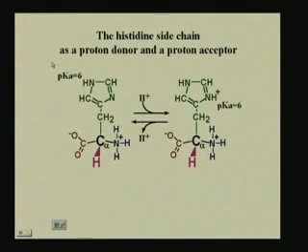Okay, so let's get back to our understanding of the proton donor and proton acceptor capabilities of the histidine side chain. The pKa of 6 means that there is an equilibrium at a certain pH where it can either accept the proton or donate the proton.